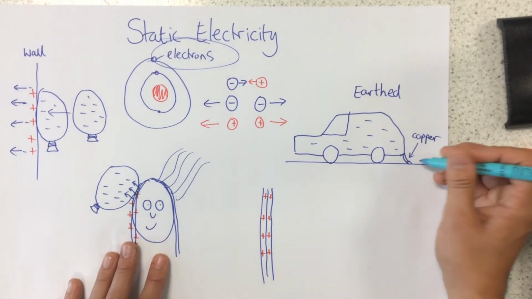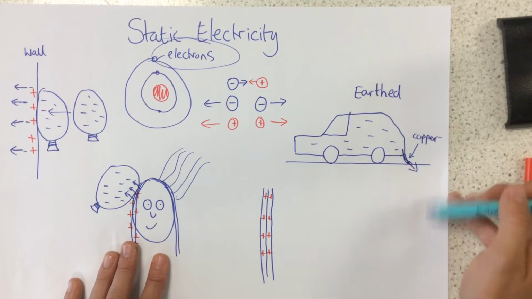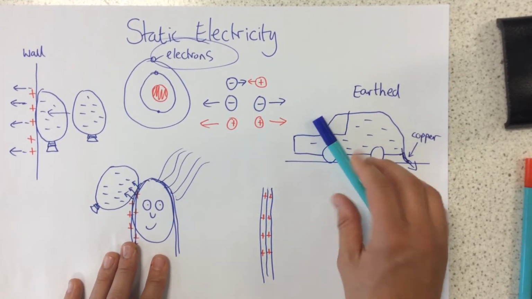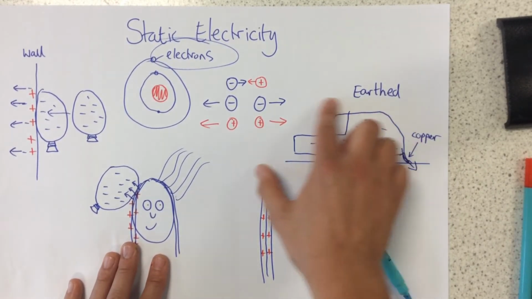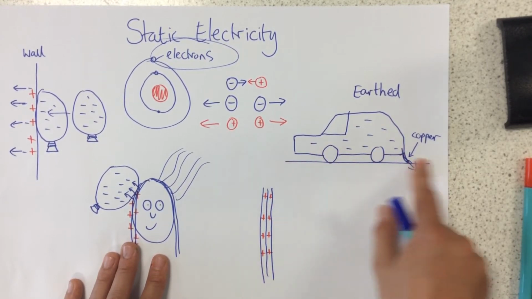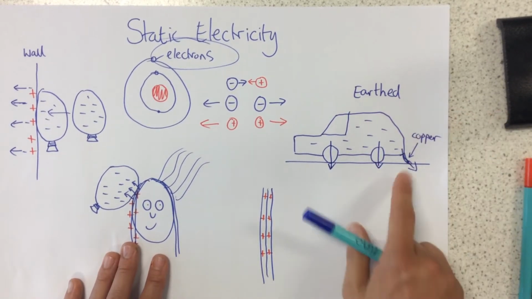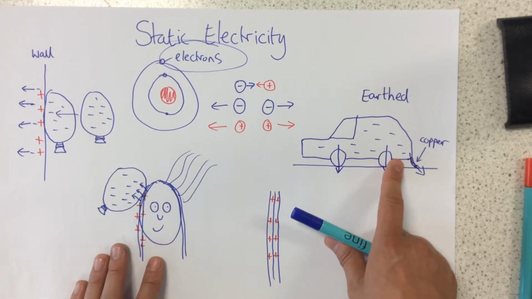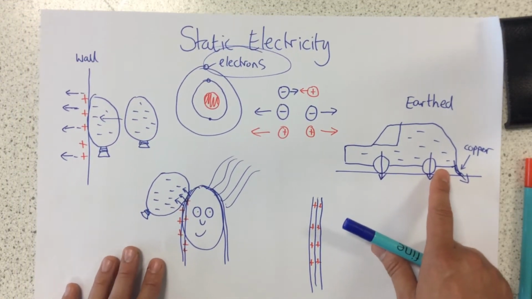And so this charge can flow out and not build up. By earthing this car, we're not going to create a spark by a sudden discharge of this negative charge, and instead it can flow out through the conductor and into the ground. The reason why the charge can't flow directly through the wheels is that the wheels are made of rubber, and therefore they are insulators, so electricity can't flow through them.